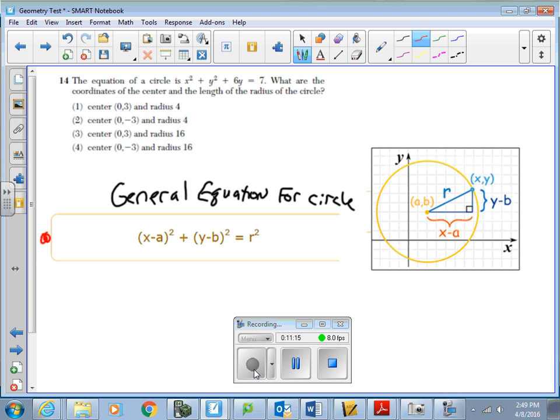You don't have to write this down, but if I have the center of a circle here, and this is my radius labeled R. The reason why they have x minus a is whatever this x value is over here. So let's just say that was 1, 2, 3, 4, 5, 6, 7. All right, so let's just say this is 7.